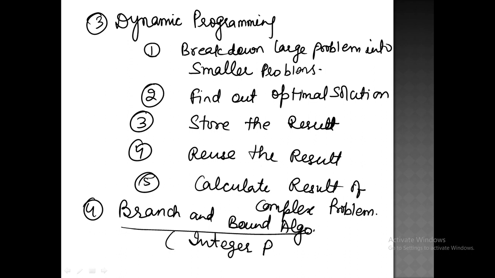We can use it only in integer programming problems. This approach divides all the set of feasible solutions into smaller subsets, and these subsets are further evaluated to find the best solution.